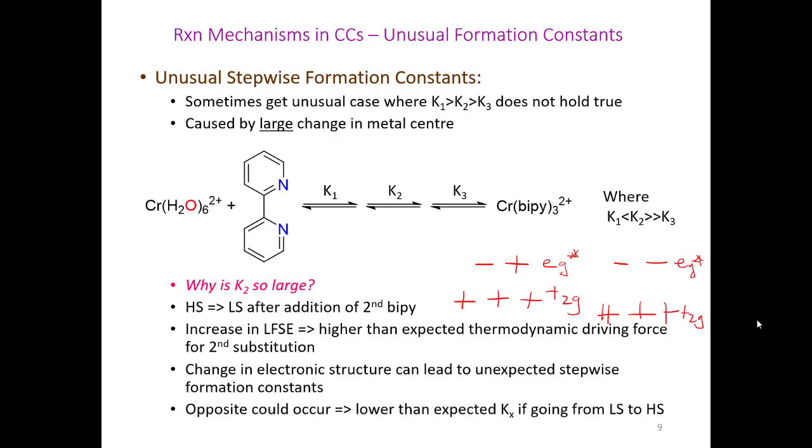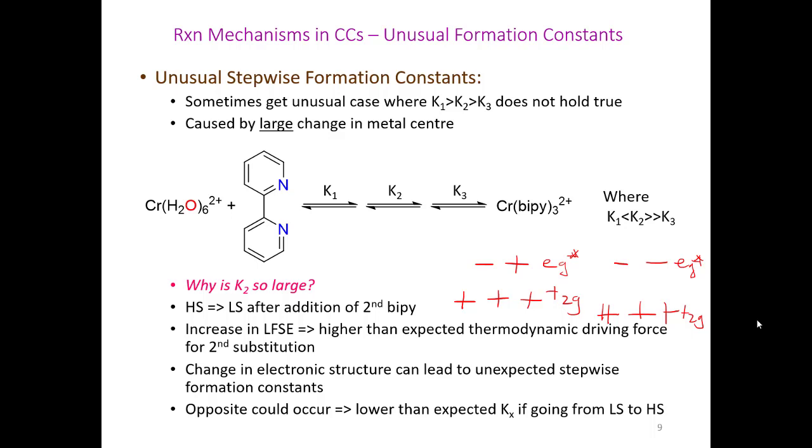Now, it's important to note that the opposite could occur too. So if you're going from low spin to high spin, what you would end up with is a lower than expected stepwise formation constant. So when I'm asking you a question about unusual stepwise formation constants, you're going to have to use the knowledge you've gained in this class to determine: is it going from high spin to low spin, or from low spin to high spin?